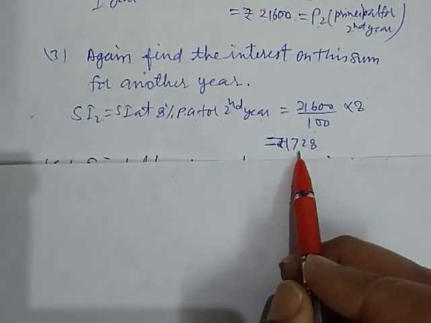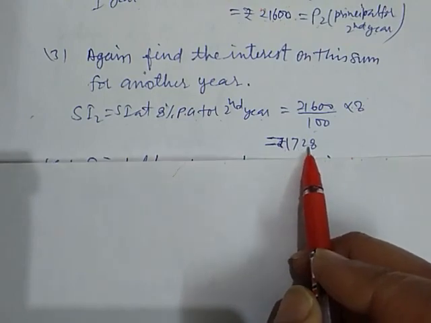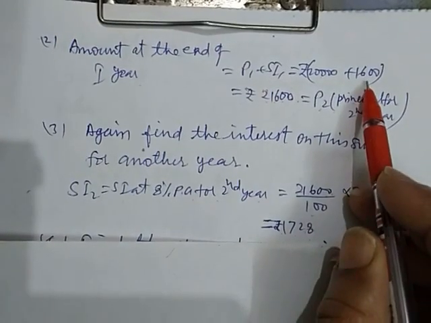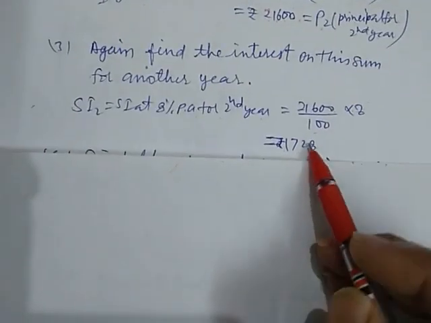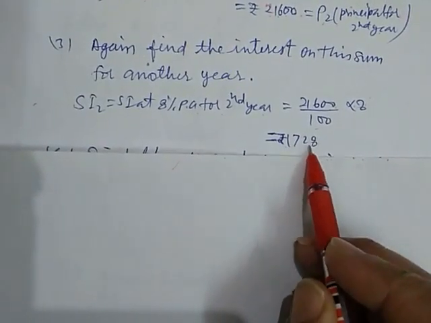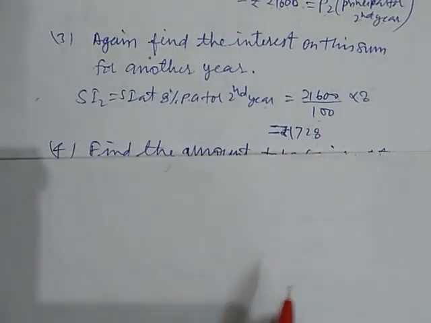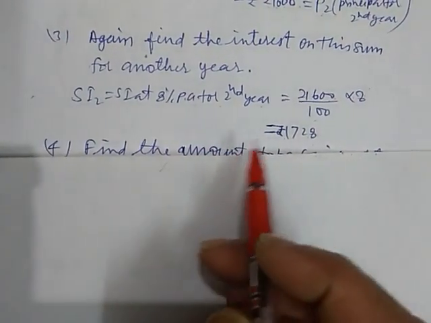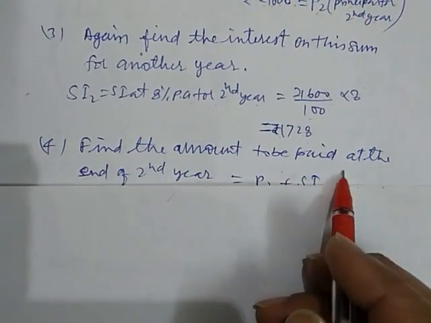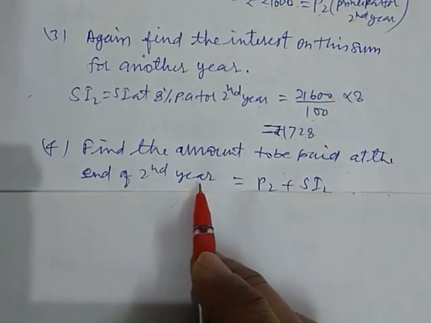So now the interest has changed. Last year this interest was 1600 and this year it becomes 1728. So this is the change in the interest. Find the amount to be paid at the end of the second year.